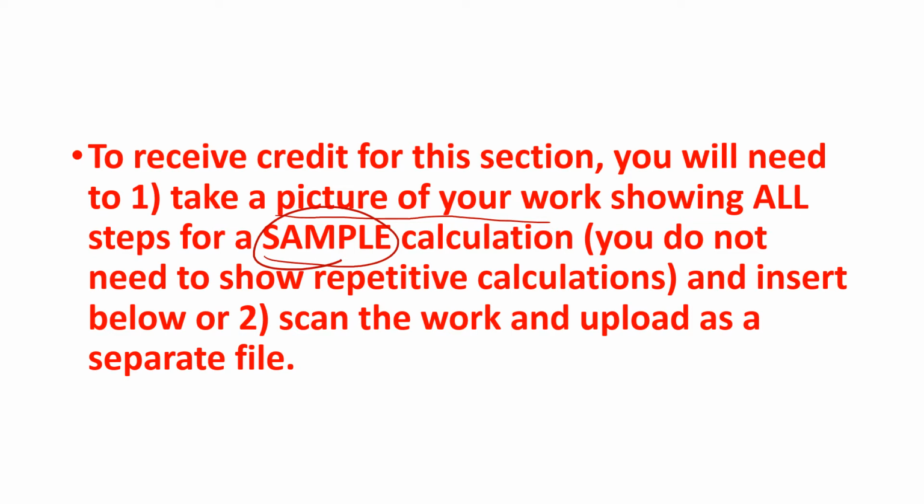You do not need to show the calculations over and over. Then you will insert those pictures with your work right under where you're reporting those values, or you can scan the work and upload it as a separate file or attach it at the end of this lab. However you wish to attach it, as long as it comes with your work.